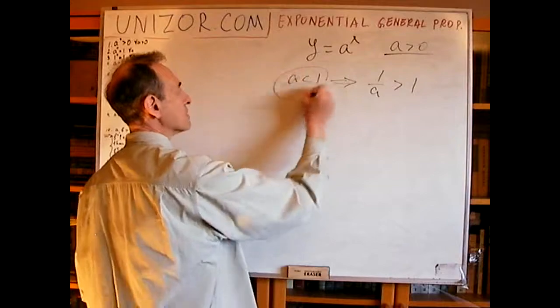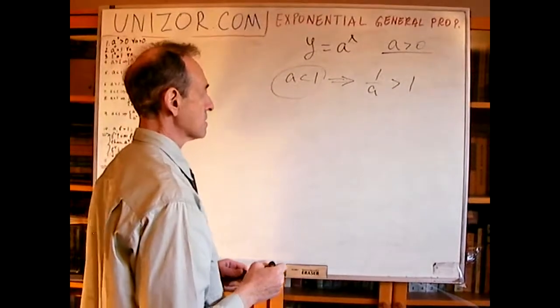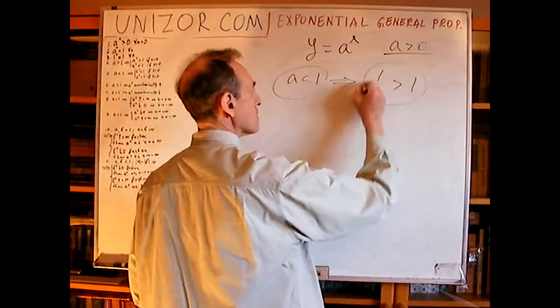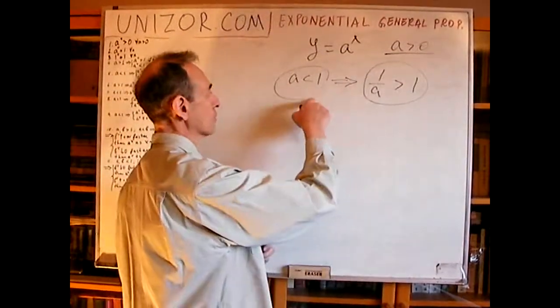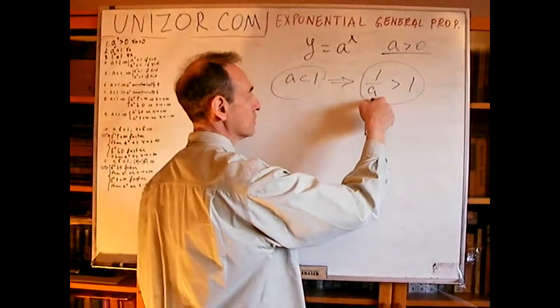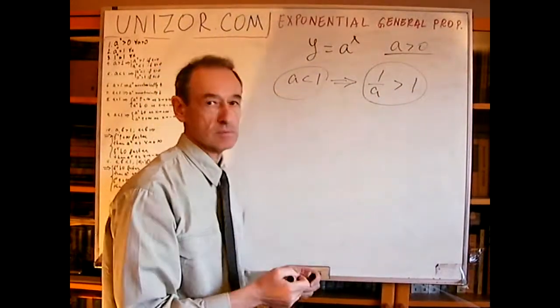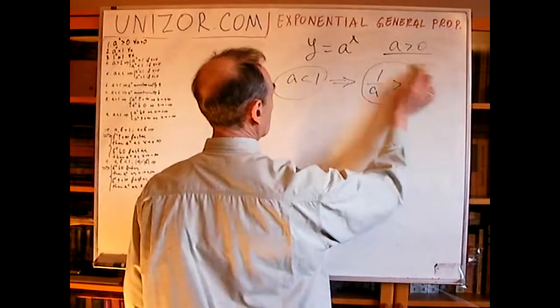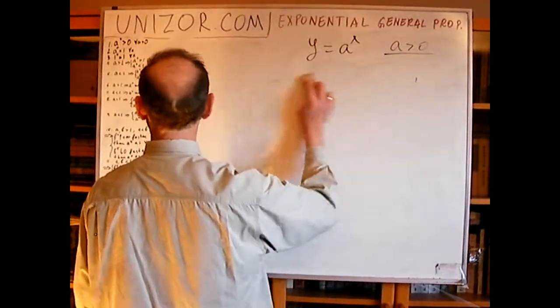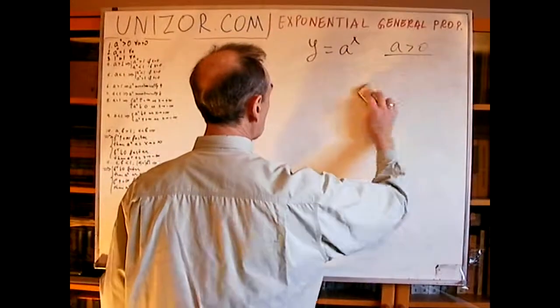So all the properties of this case are true for this case, just reversing the sign of the exponent. Whatever was true for positive exponent here will be true for negative here, and vice versa. So that's why I'm not going to waste any time on this. That's obvious.